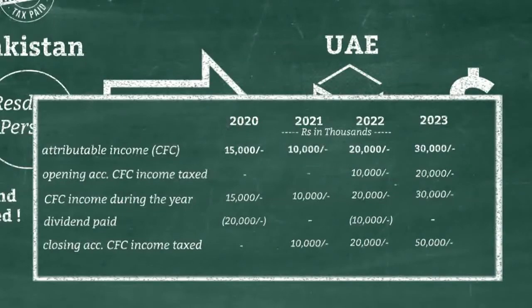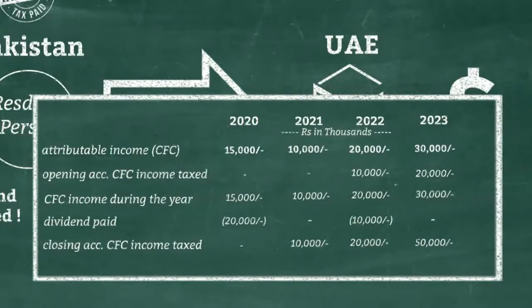In tax year 2022, attributable income is Rs 20 million and the actual distribution of profit is Rs 10 million. And lastly, in tax year 2023, attributable income is Rs 30 million and actual distribution is nil. As we can see from the chart, the paid amount under the CFC regime shall be accounted for throughout the years, and where actual disbursement of dividend exceeds the amount already taxed, the difference shall be taxed accordingly.